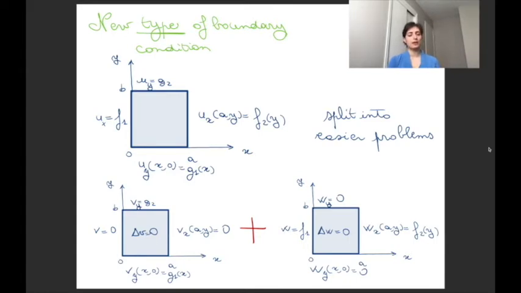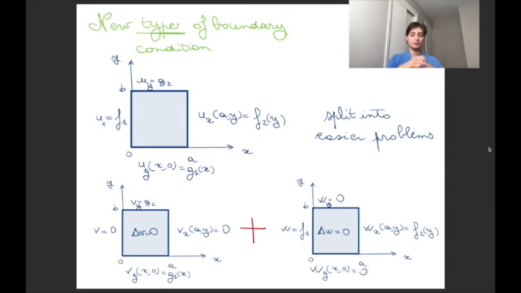And what we do when we have these two problems combined, so we're having non-homogeneous Neumann boundary conditions on all four sides of our rectangle, we split into easier problems. This is a great advantage of having a linear PDE to be solving.